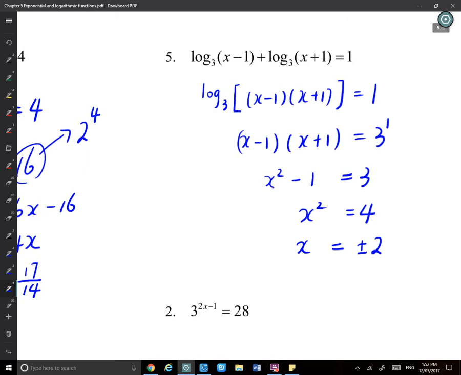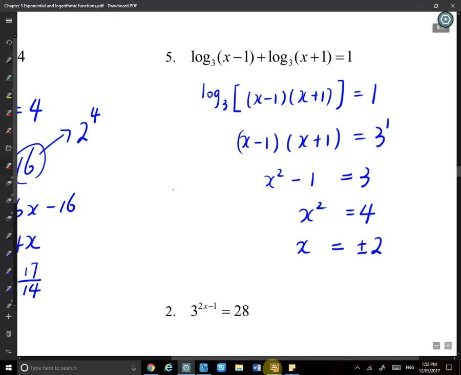Do you think that's the correct answer? Which one is not the correct one? Check your domain.